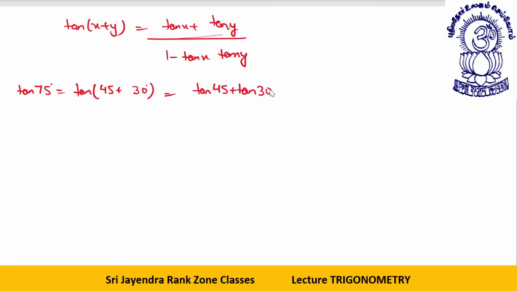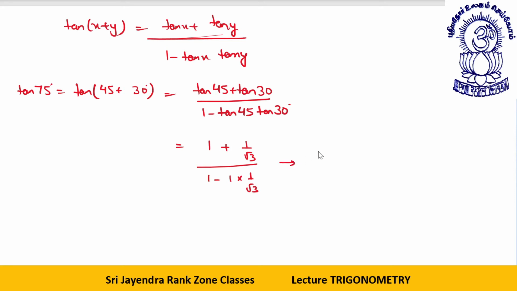That will be solved as tan 45 plus tan 30 upon 1 minus tan 45, tan 30 degree. The value of tan 45 is 1. Tan 30 is 1 upon root 3. 1 minus 1 into 1 upon root 3.